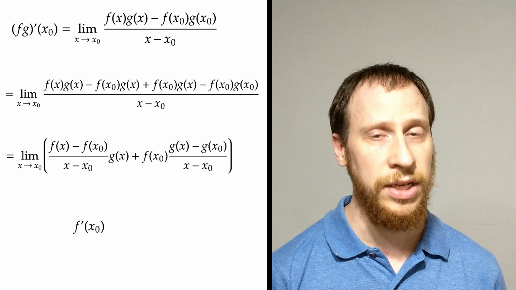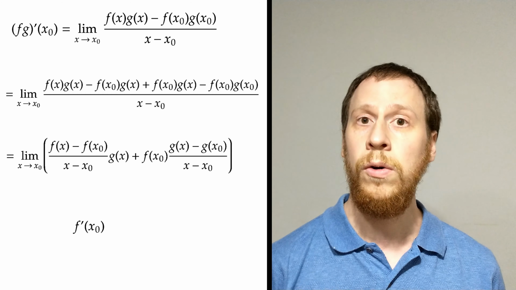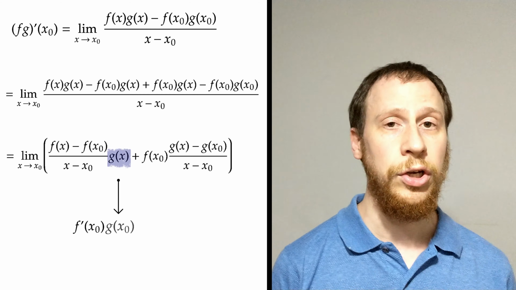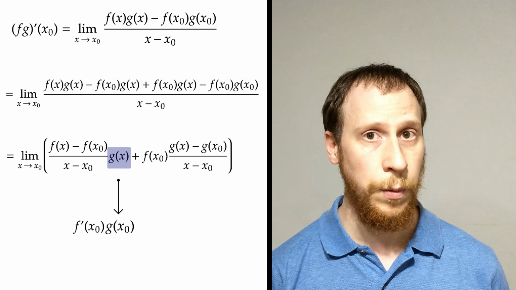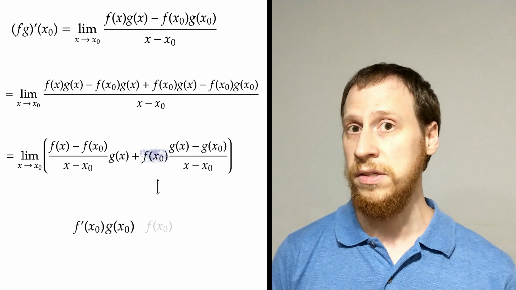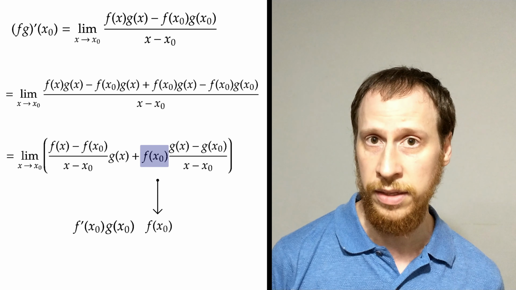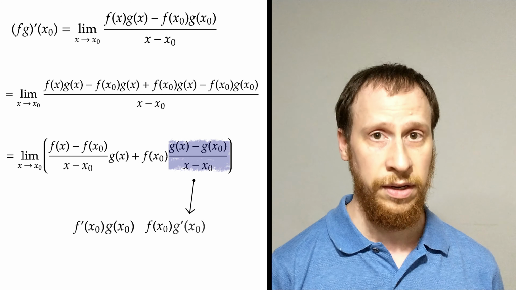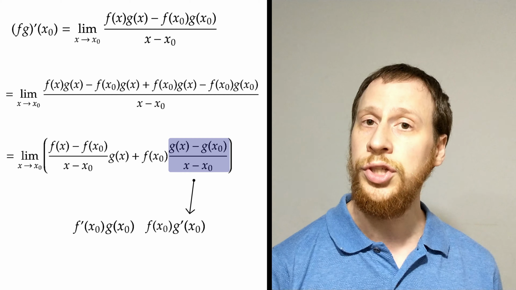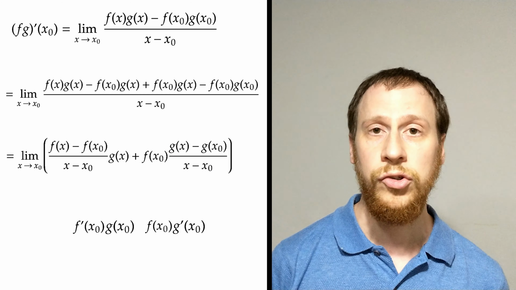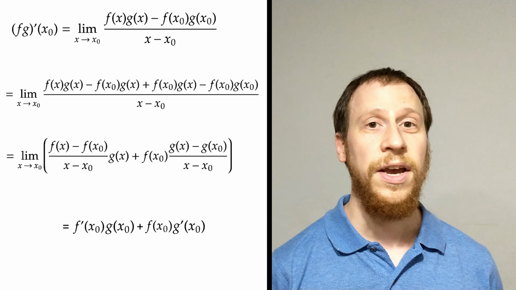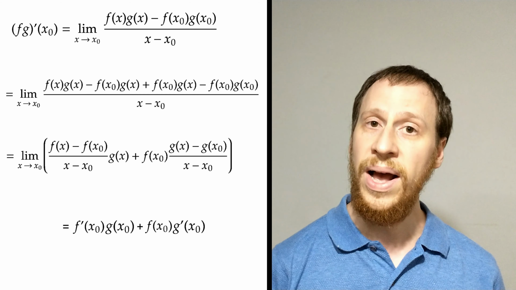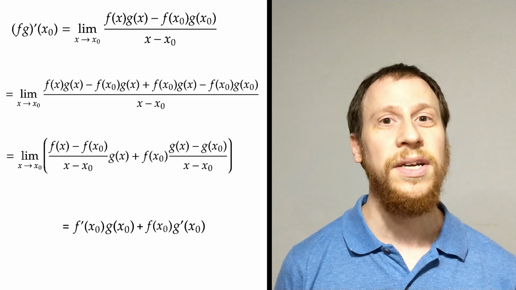And since g is differentiable at x0, it is also continuous at x0. So g of x goes to g of x0. And f of x0 doesn't depend on x, it's a constant. And since g is differentiable at x0, this limit goes to g prime of x0. So all of this equals f prime of x0 times g of x0 plus f of x0 times g prime of x0.